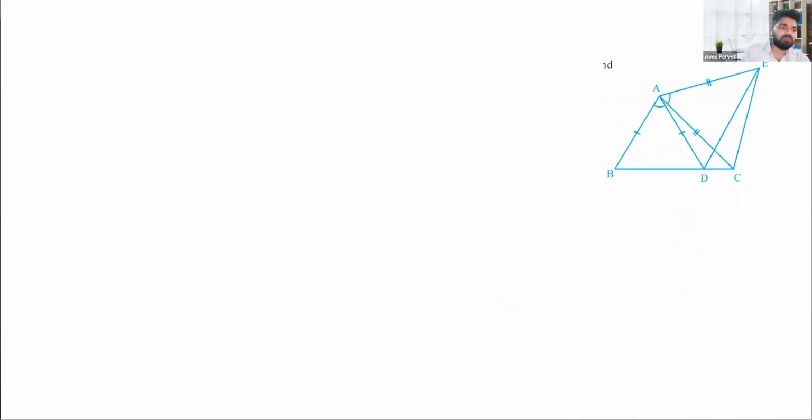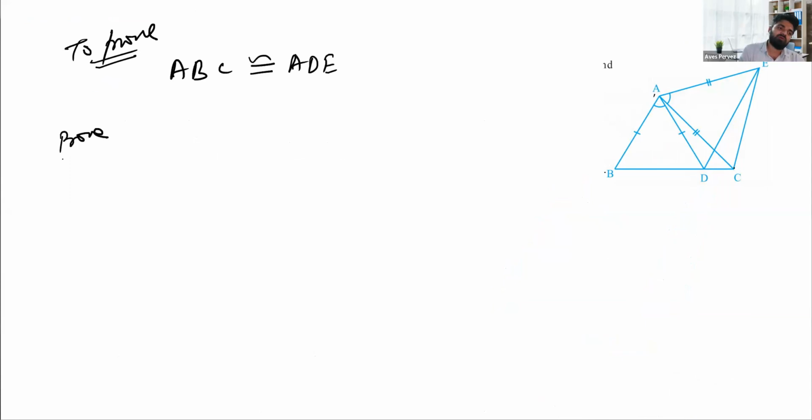Here it is given that we need to prove triangle ABC congruent to triangle ADE.